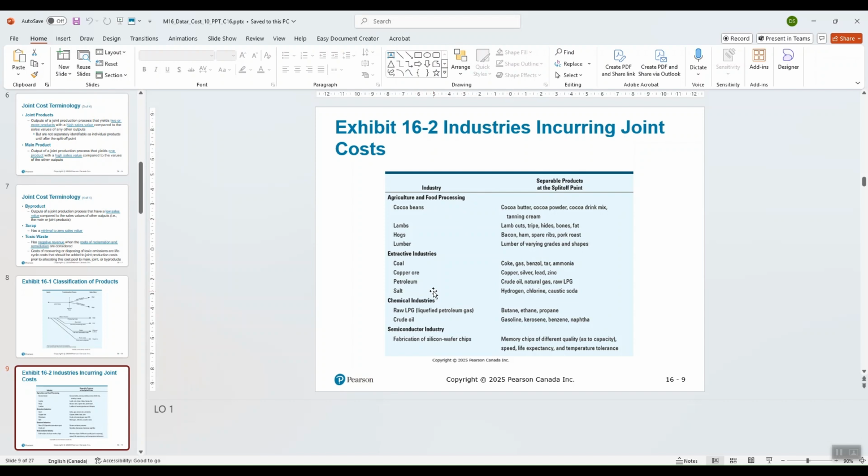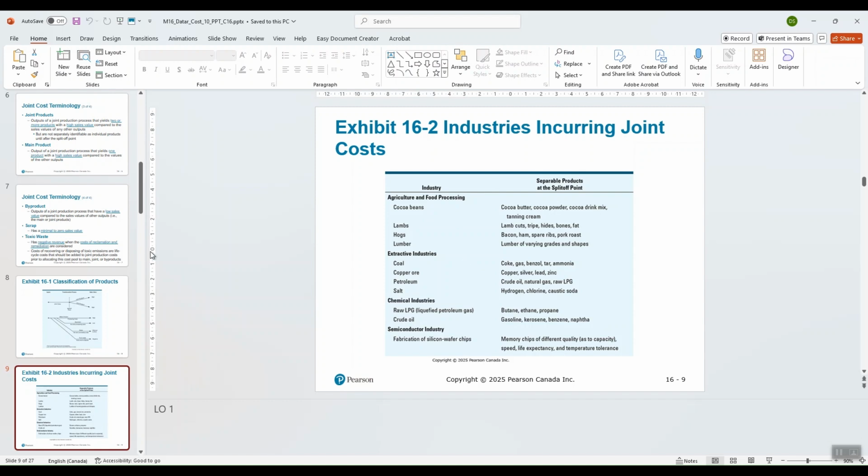Obviously, petroleum is a huge market, and they may have some environmental factors as well. They need to be considered when they are allocating, or when they have toxic waste that comes out of it. Chemical industries, semiconductor industries as well. And obviously, if we look at the manufacturing industry, there may be some manufacturing industries that end up with joint costs and joint products and some byproducts as well.